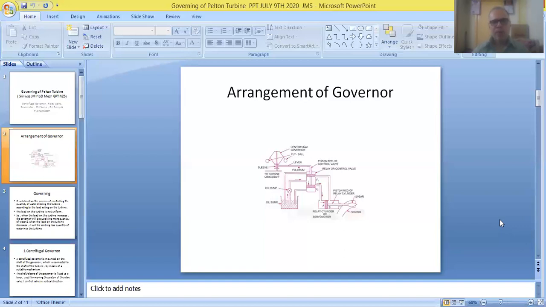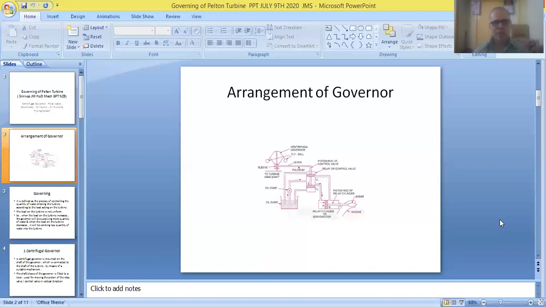So, here, centrifugal, we have several types of governors, but this centrifugal governor is a very popular item.